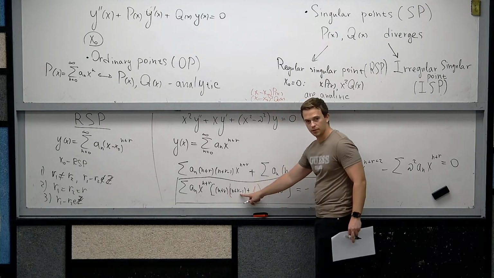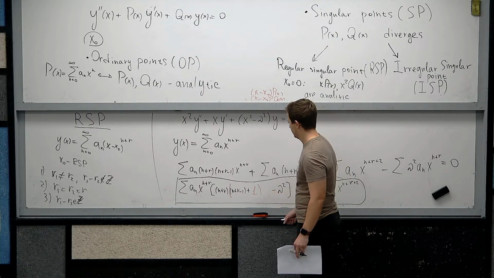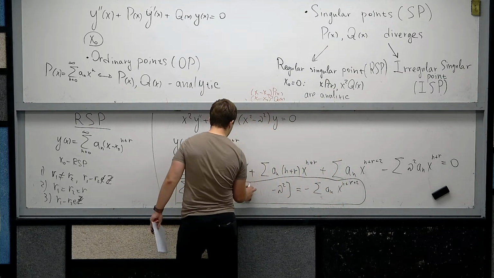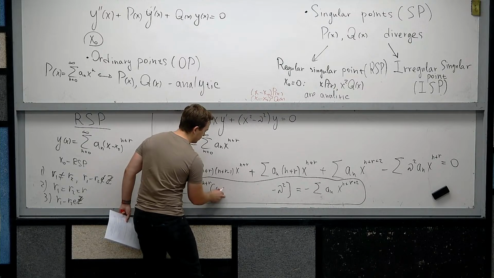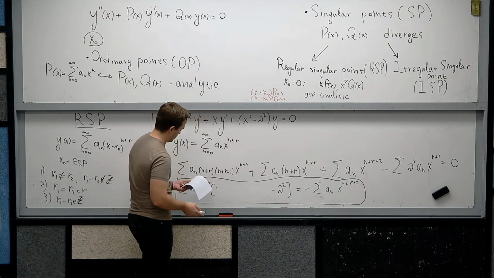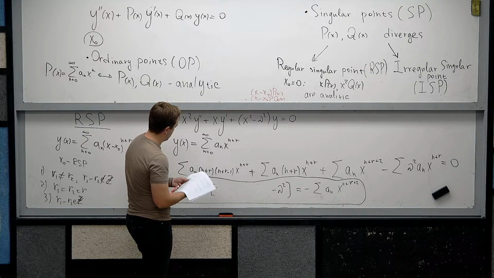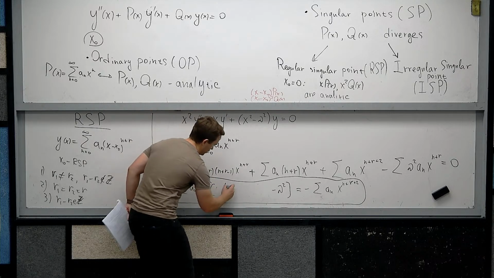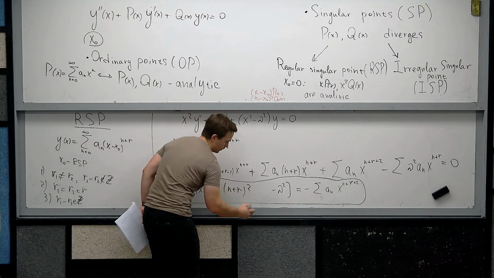Here is minus 1. So after simplification, we will get n plus r squared.